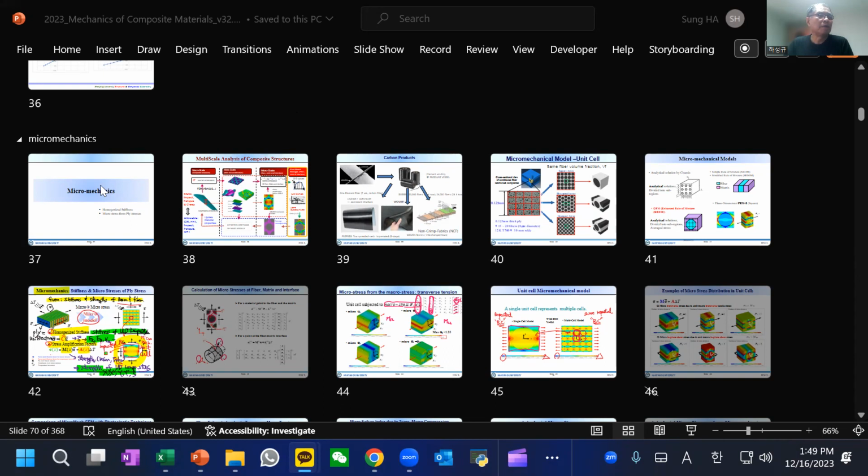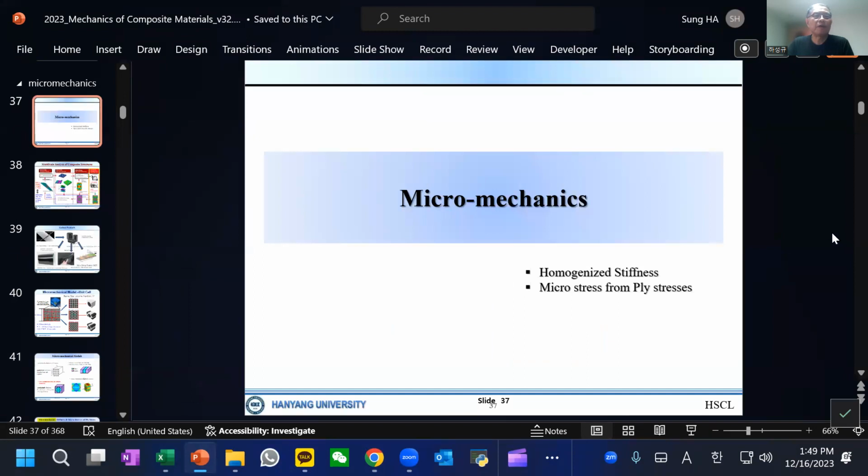one last subject I'd like to review for you to better understand composites is micromechanics. What is the concept of micromechanics, and why is it important, and so on. Okay, I will just quickly review.